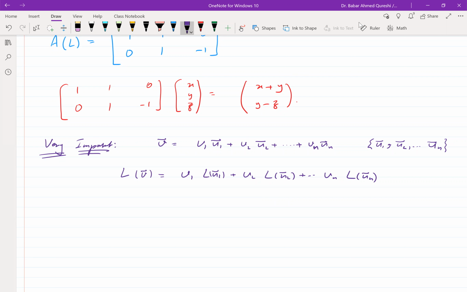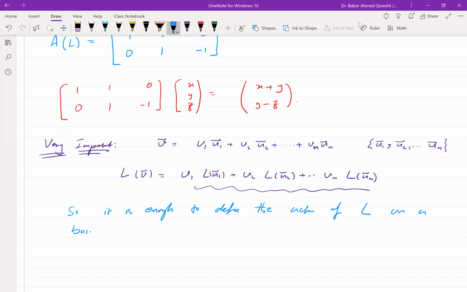Because all I will have to do is make this linear combination. So it is enough to define the action of a linear transformation on a basis to completely specify it. If you know it on one basis, you know the linear transformation completely.